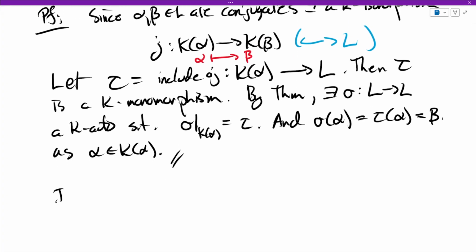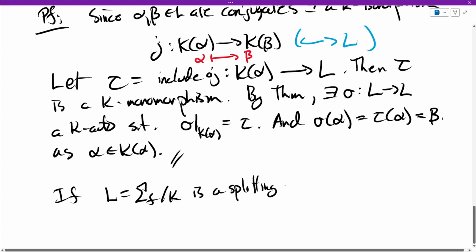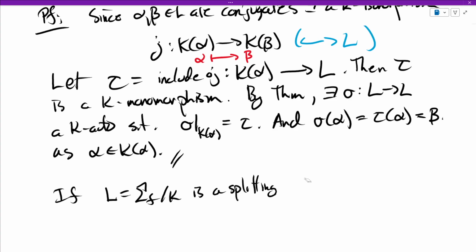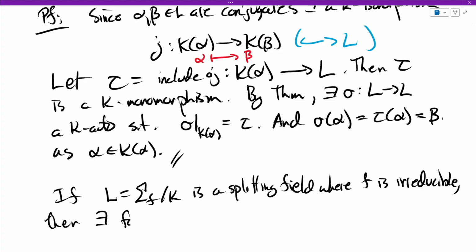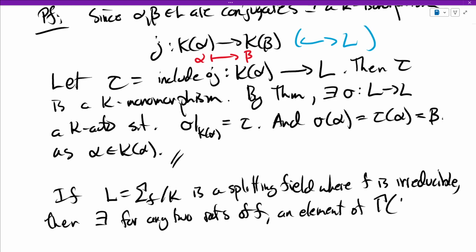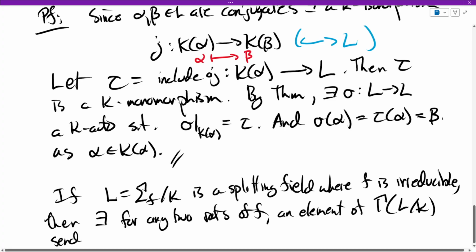So if L is a splitting field of F, where F is irreducible, it must be irreducible for what I'm about to say to be true, then there exists for any two roots of F an element of the Galois group sending one to the other.